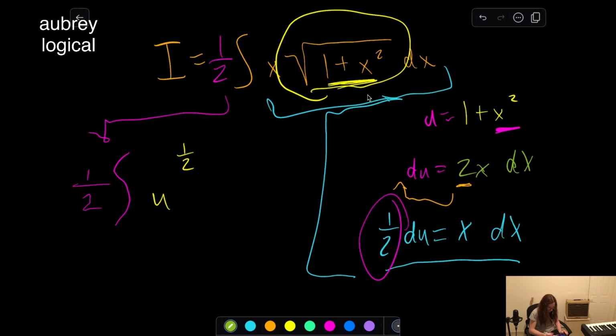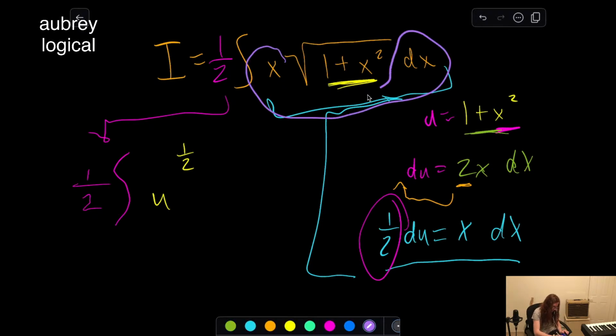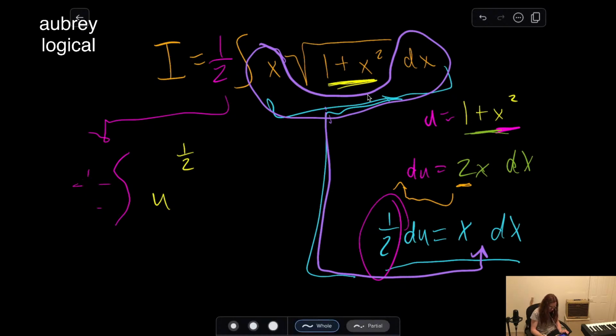So u is 1 plus x squared, and we have u to the 1/2 power, and then we have this x and this dx right here. That x dx is literally this. Sorry, I should have made this purple.